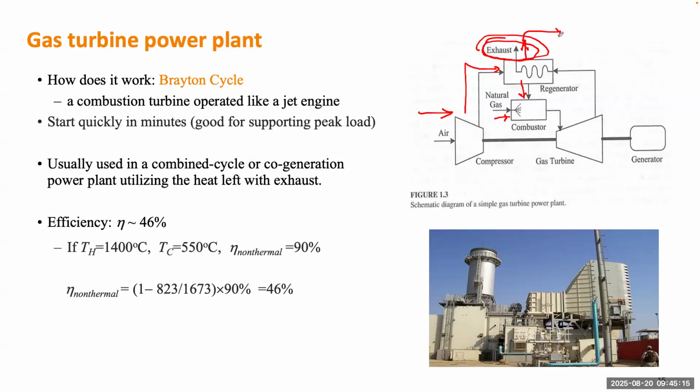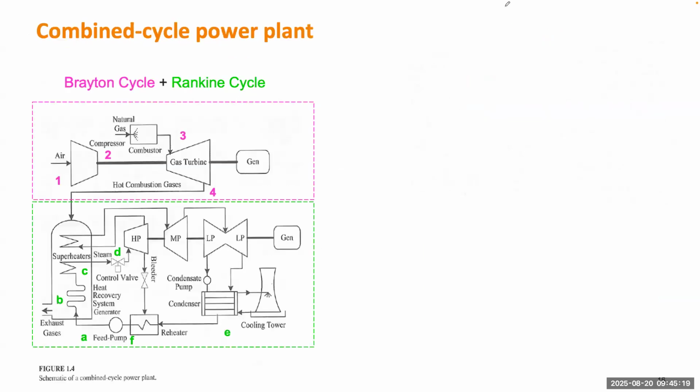I just replace the fuel, which is the coal for the coal-fired power plant. So I utilize this waste, which still has very high temperature, for example 550 degrees, to heat up the burner. So for this one, I don't need any coal.